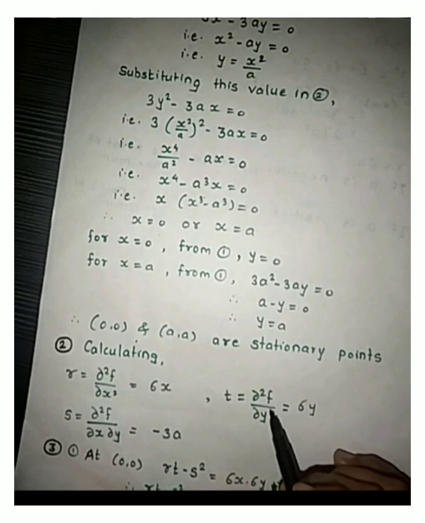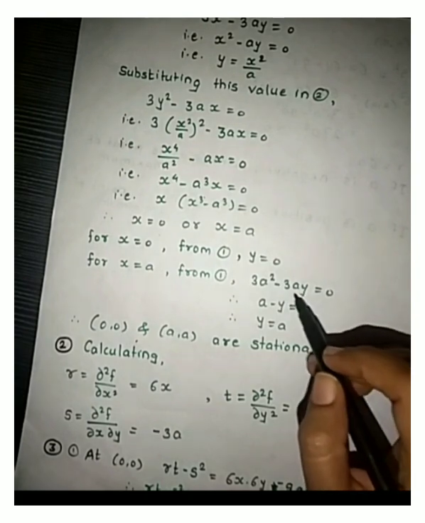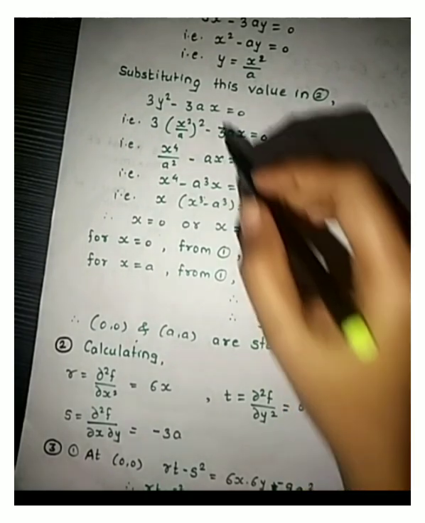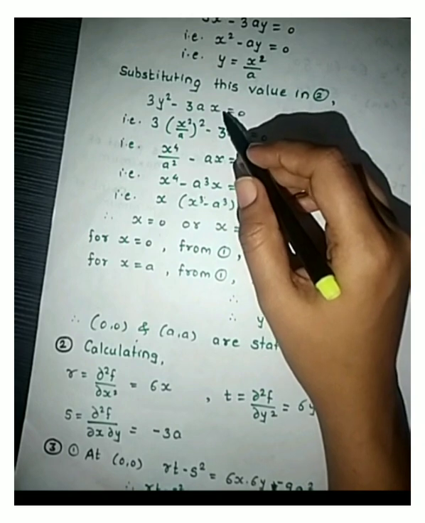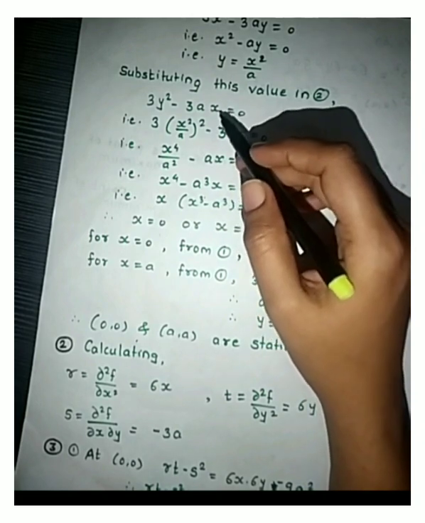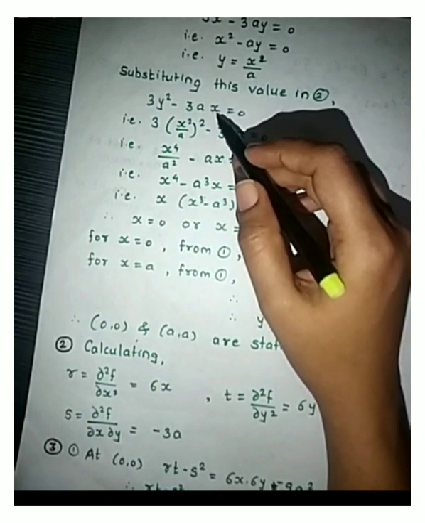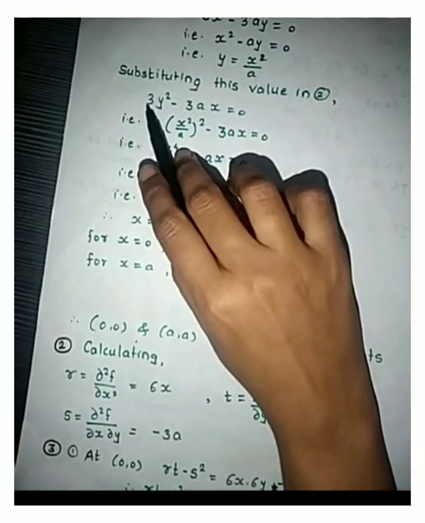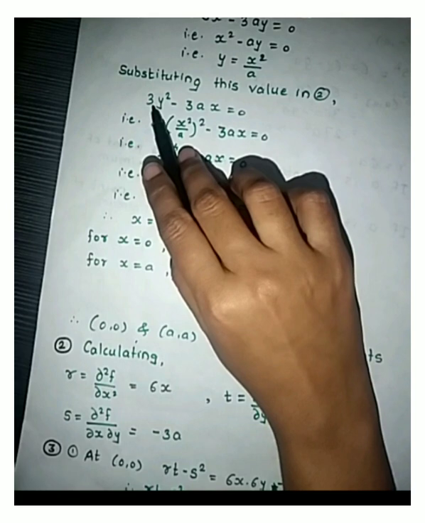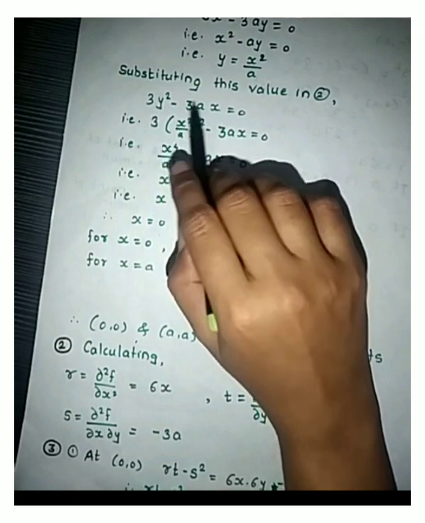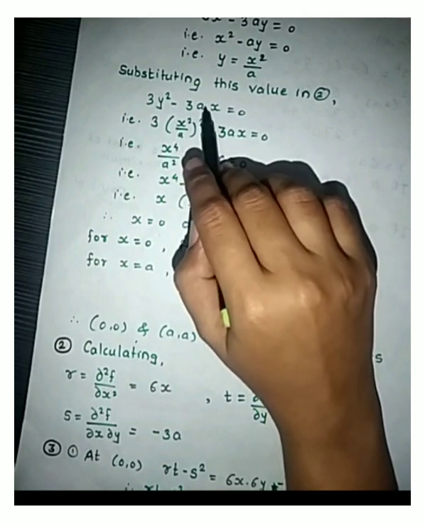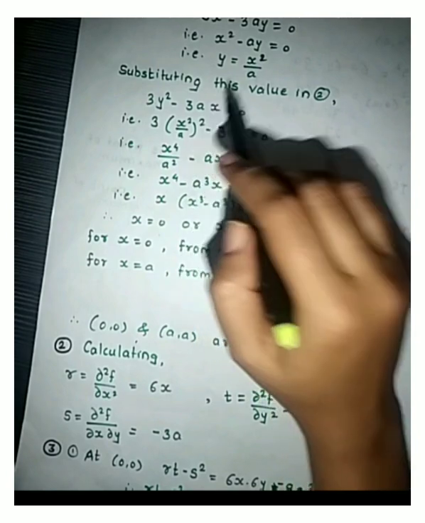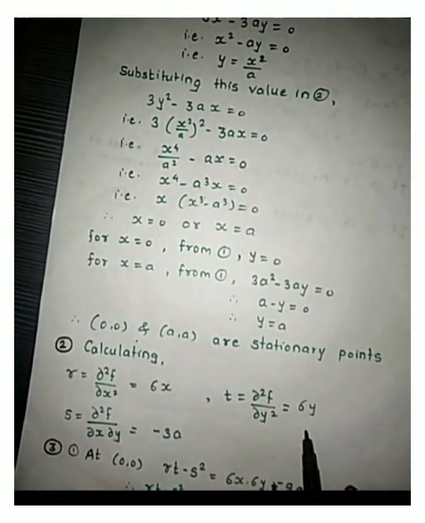For t, we will calculate the double partial derivative of f with respect to y, that is ∂²f/∂y². This is our first partial derivative of f with respect to y. When we differentiate it partially with respect to y again, the partial derivative of 3y square is 6y, and this is a constant term, therefore its derivative is 0, therefore the value of t is 6y.